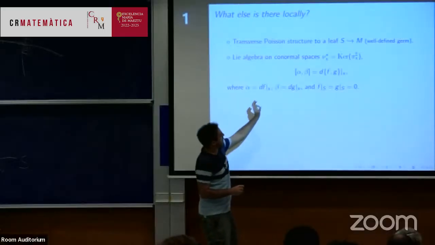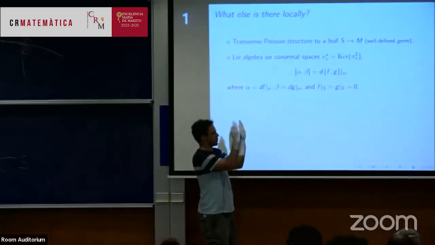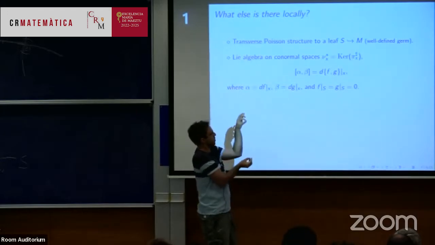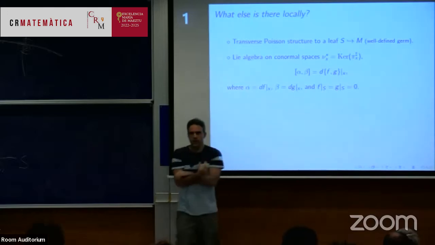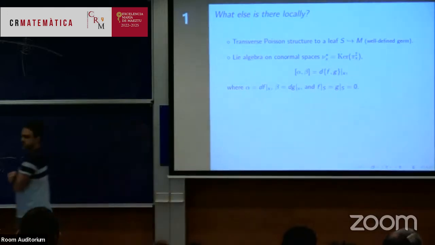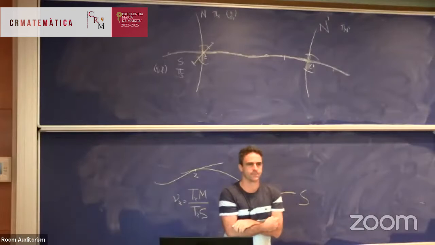I'm fixing a point, and I look at the kernel of pi sharp, which goes from T star to T. It's a subspace of T star at x, and what I'm claiming is that this subspace has a Lie algebra structure.